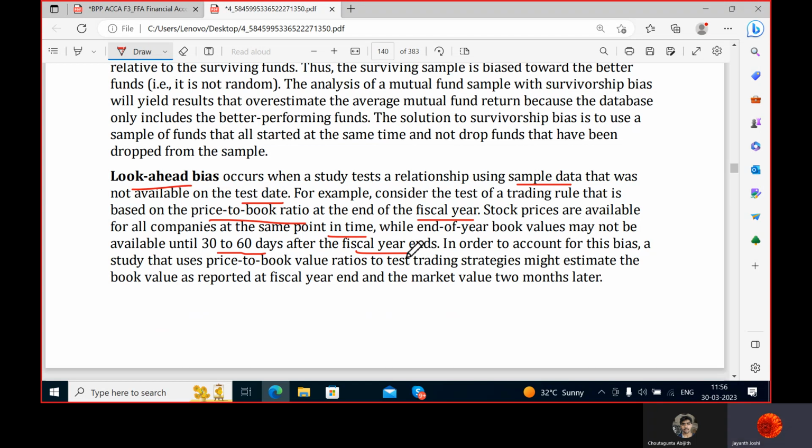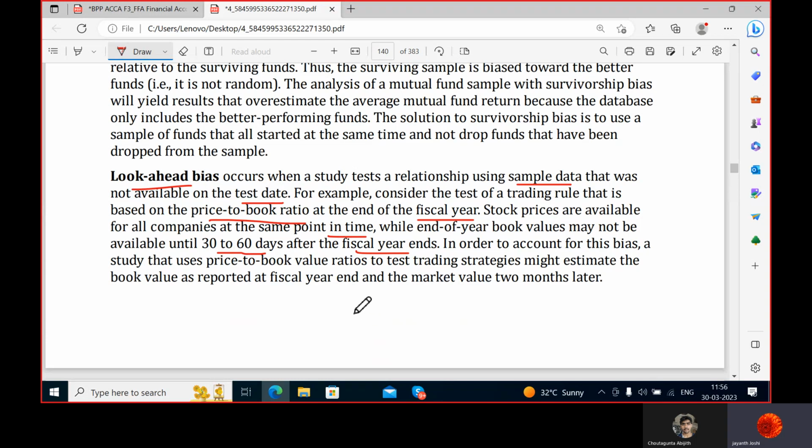it's a study which tests a relationship using sample data that was not available on the test date. That means when we want to do a test, we had some data which was not available to us. So then what may we do? We may estimate that this is going to be our data, and the estimation may not be correct. Am I right?